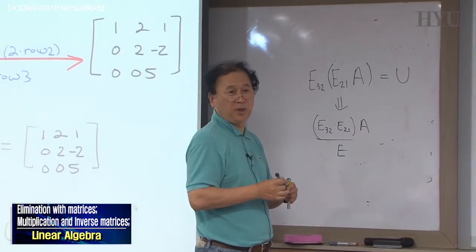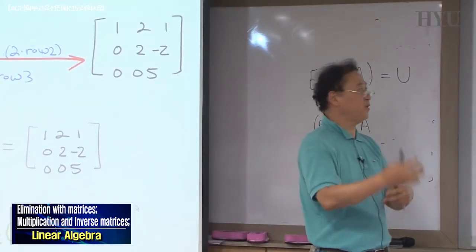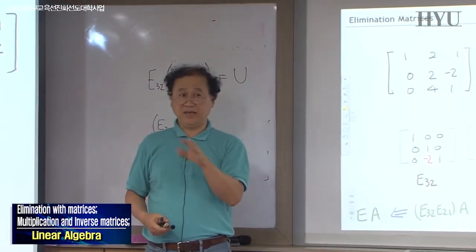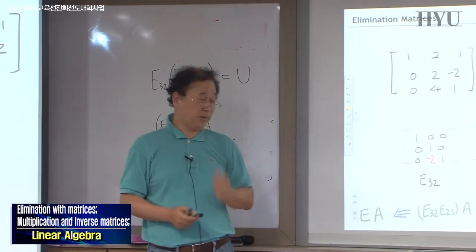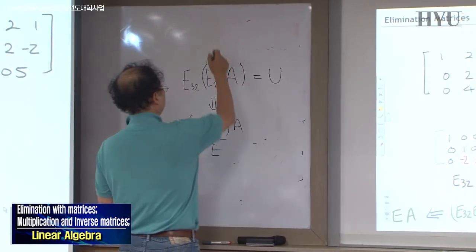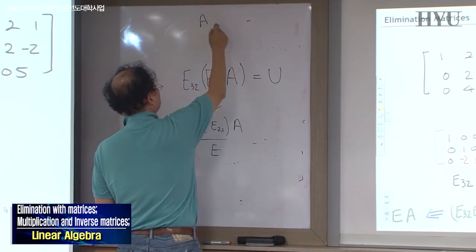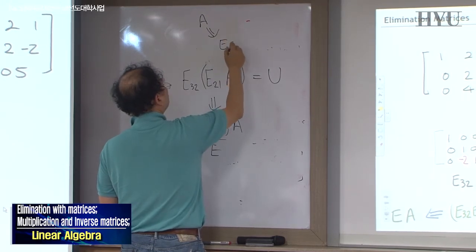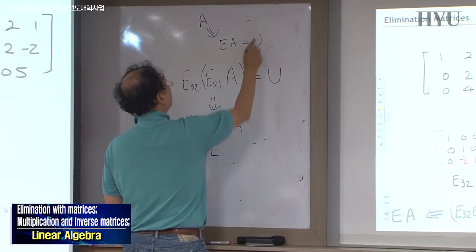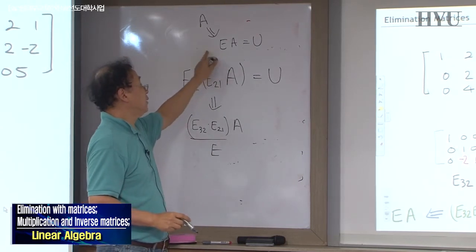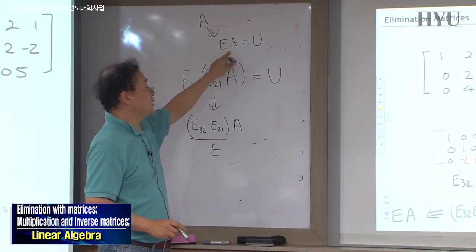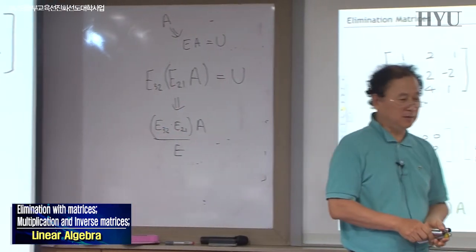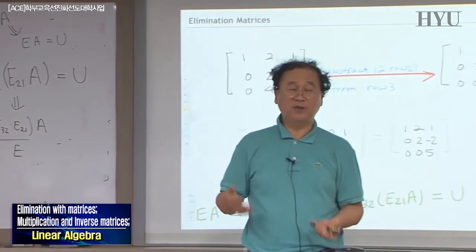So we do these row operations, subtracting all those things, but you can represent them as a matrix. Initially we have A, apply E, and then we have U. So applying these row operations, we can make a triangular matrix. This really is elimination. Then from that, you can solve the problem.